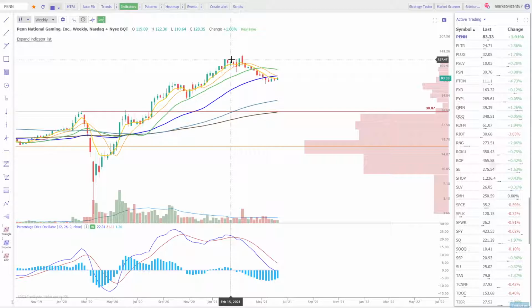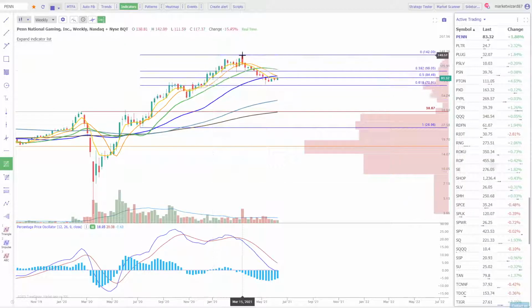And I knew this whole time that, especially with this weekly divergence that was setting up, that even if we had set a higher high, if we could not set a higher high here, it would set up a much larger retrace of that move, which is where we are now.